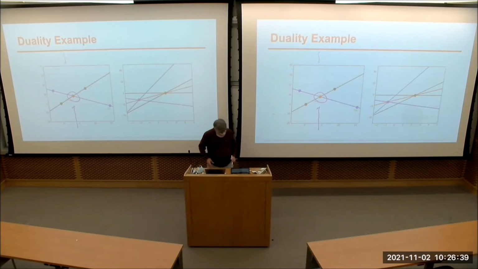In dual space, we get a line such that all the points corresponding to lines that pass through it are on that red line. What does it mean?